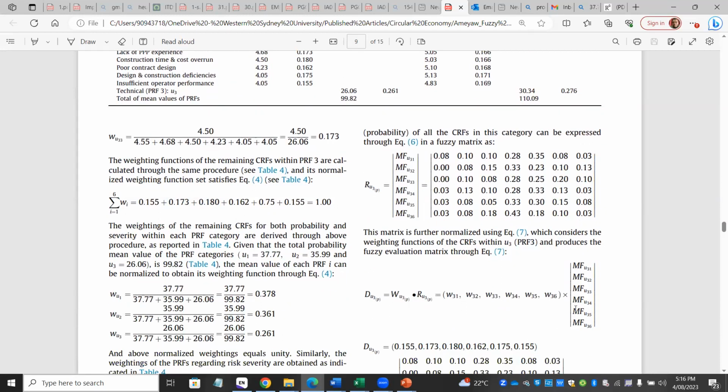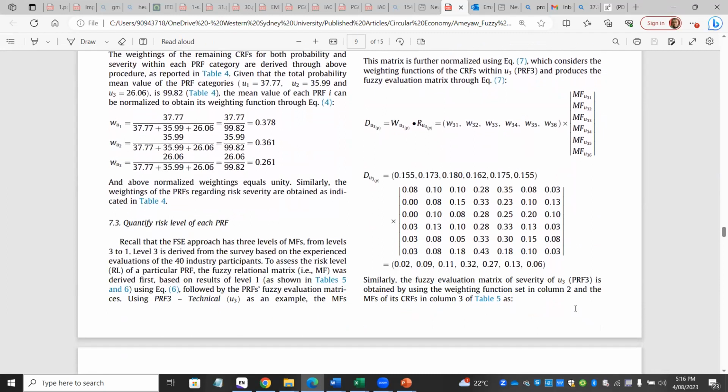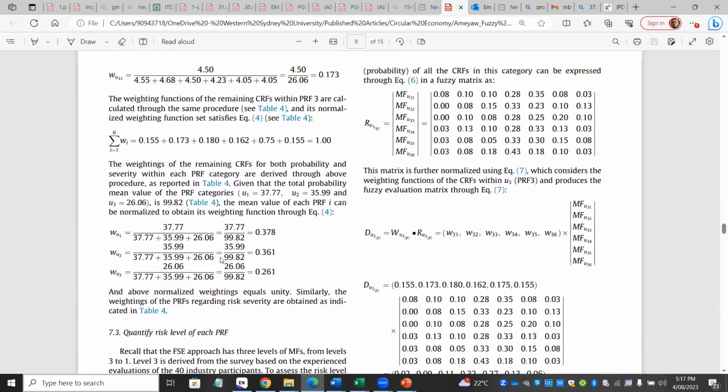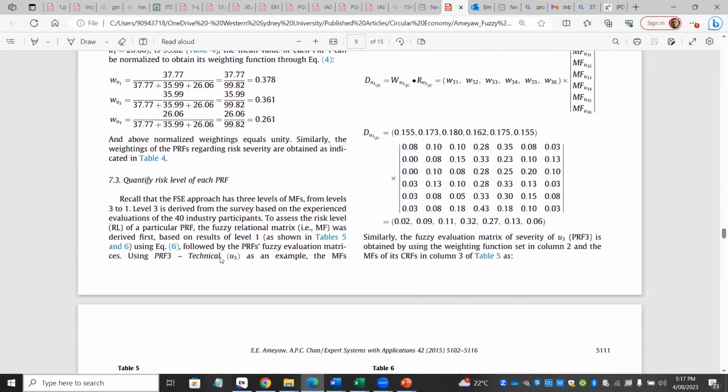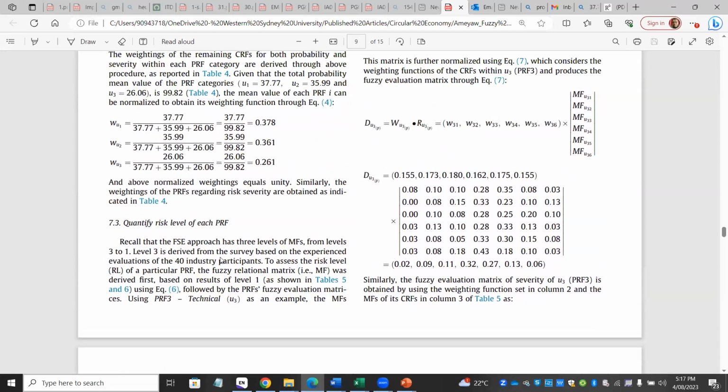Now, what is the next thing to do? The next thing to do is to quantify the risk level of each group. So how do we get that? Let's just take an example to guide us.